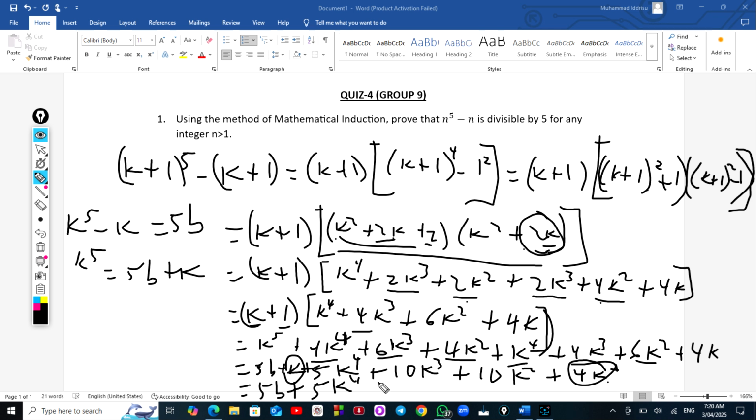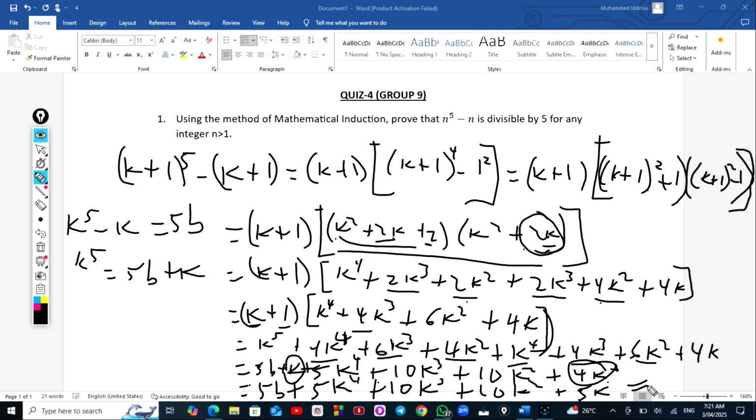So among all the terms, all the terms will remain unchanged with the exception of 4k, which will be increased by k. So plus 10k to the power 3 plus 10k squared plus, you see those I've circled, k is here, 4k is there, so we now have k plus 4k giving us 5k.